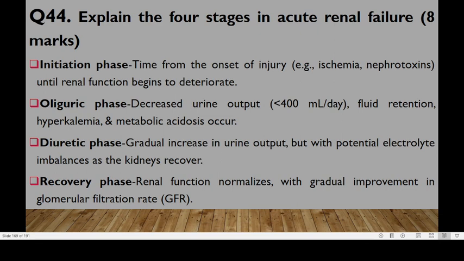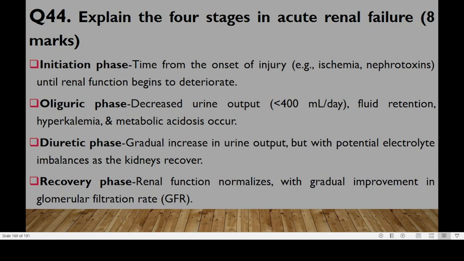Explain 4 stages in acute renal failure. We have the initiation phase. This is the time from the onset of the injury until the renal function begins to deteriorate. Oliguric phase, this is decreased urine output, fluid retention, hyperkalemia, and metabolic acidosis.